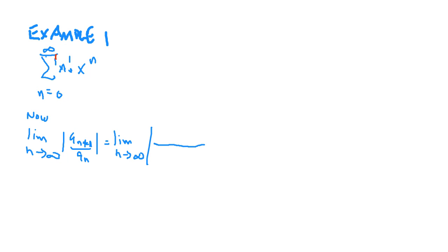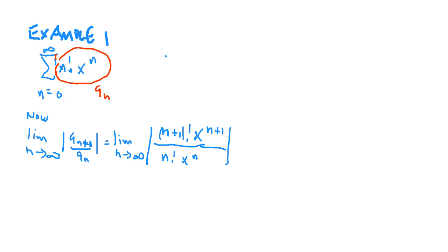This here is your nth term. So that's just n factorial times x to the nth. To get the n plus first term, we'll just replace n with n plus 1. Okay, so this is the ratio test.